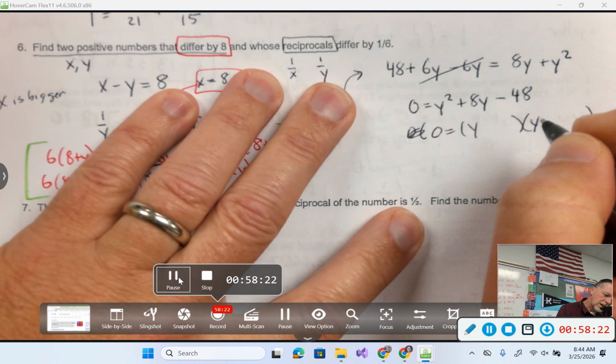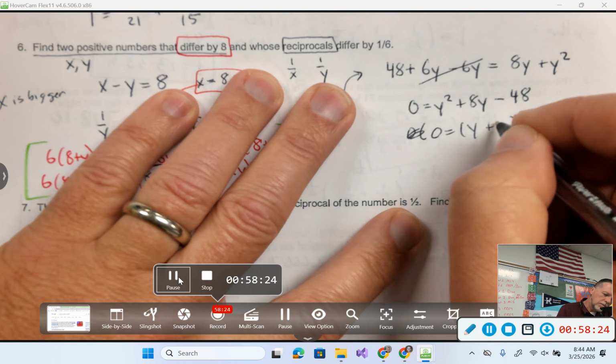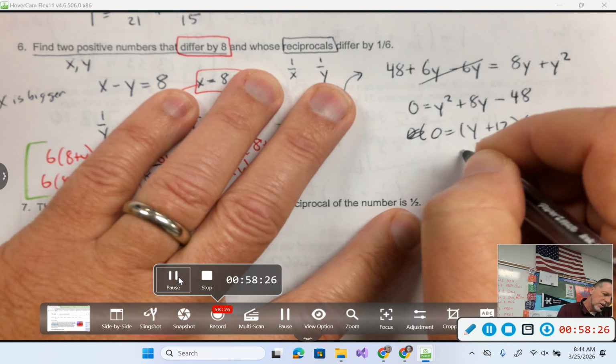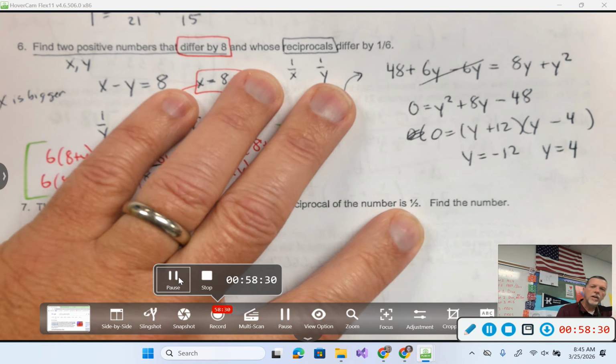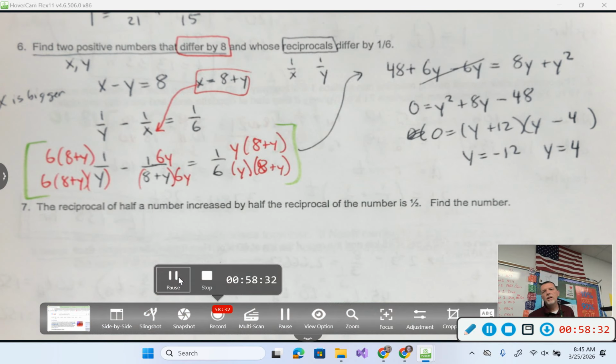Y and y, 12 and 4, plus 12 minus 4. Find two positive numbers. So are those my two positive numbers? Negative 12 and 4? No. In fact, would you be able to take the 0 equals and plug it into a calculator, hit table, and then see?